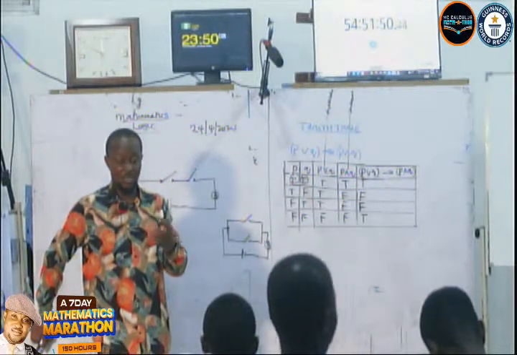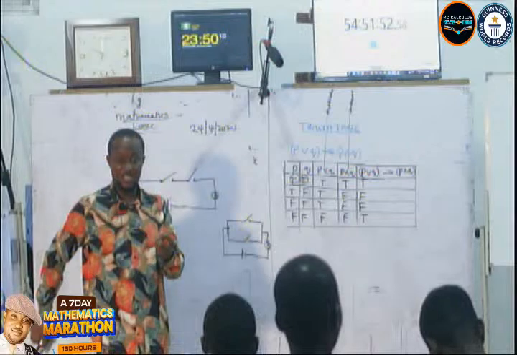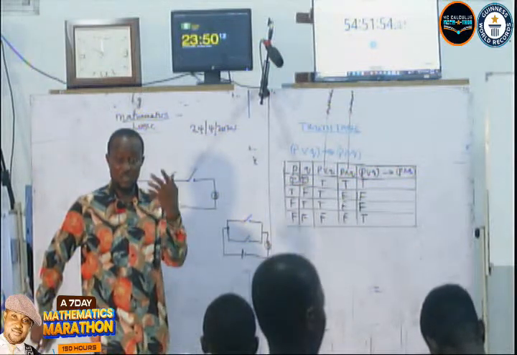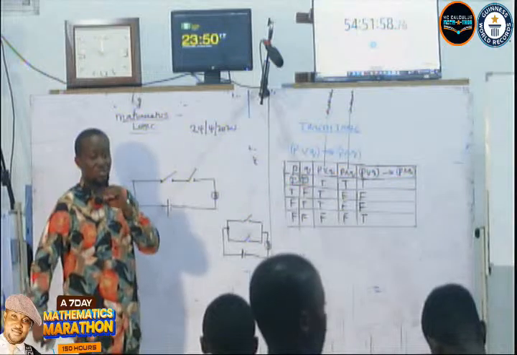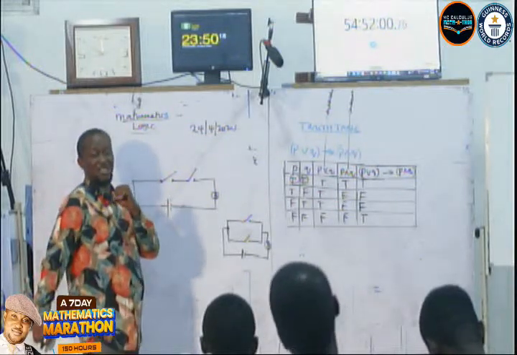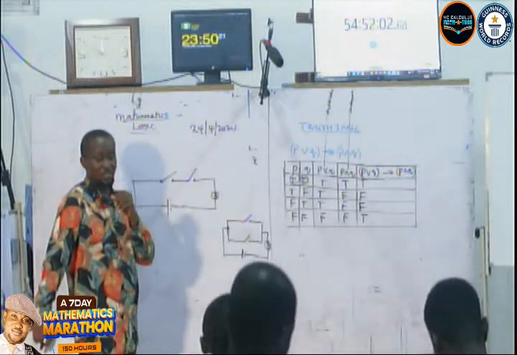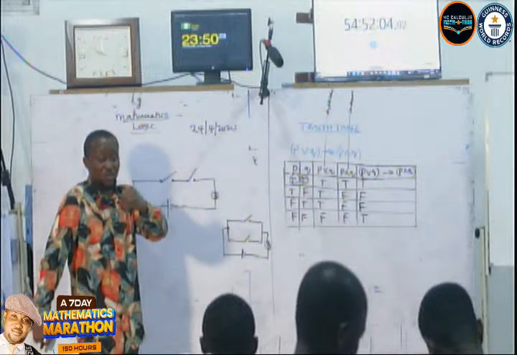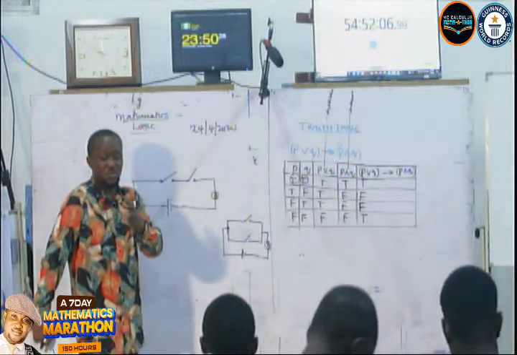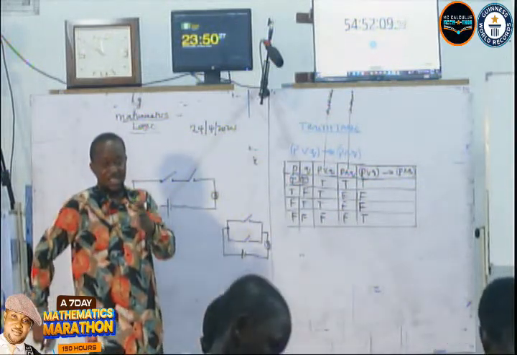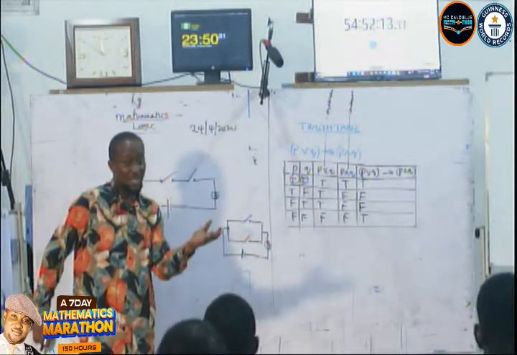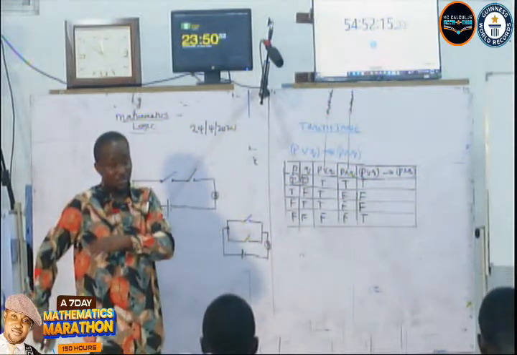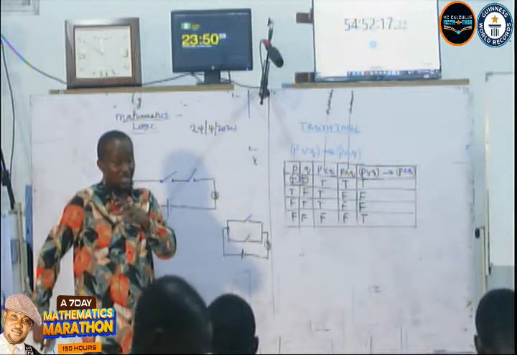For those devices, we have the diode, the triac, and stuff like that. Those things I'm mentioning act as a switch because they have the characteristics of a semiconductor, between a metal and an insulator.